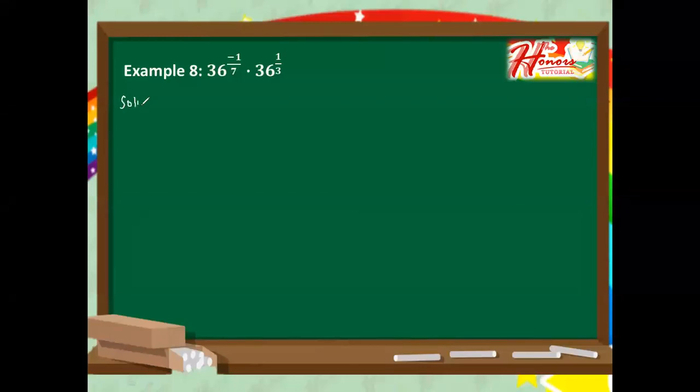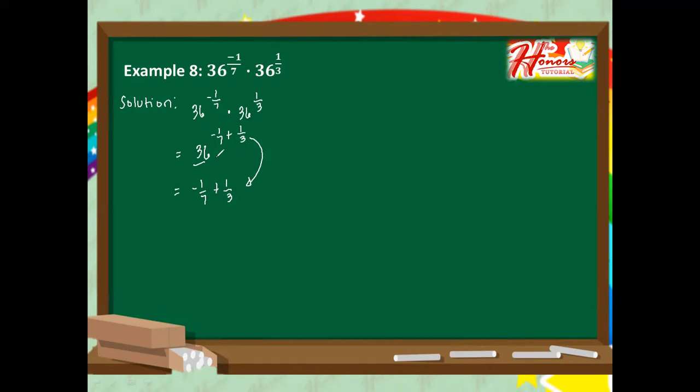Solution. So we have here 36 raised to negative 1 over 7 times 36 raised to 1 over 3. Copy the base, that's 36, and then copy 1 over 7 plus 1 over 3. Let's solve for the exponents first, and then let's set aside the base, which is 36. So we have here negative 1 over 7 plus 1 over 3.